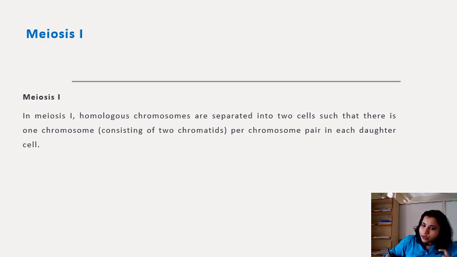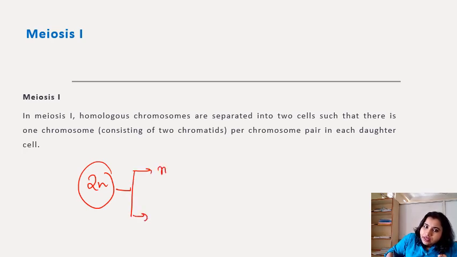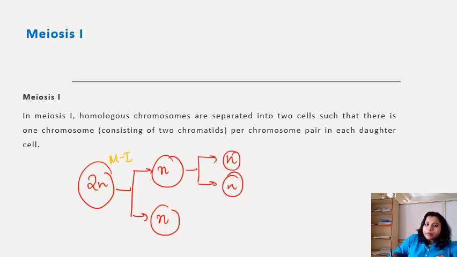So in meiosis 1, what we have seen till now is that, suppose this is a parent cell, it gets divided into two daughter cells with half the number of chromosomes compared to the parent cell. So this division we call meiosis 1, right? Now this will again divide into two cells with an equal number of chromosomes, and this is what we call meiosis 2.